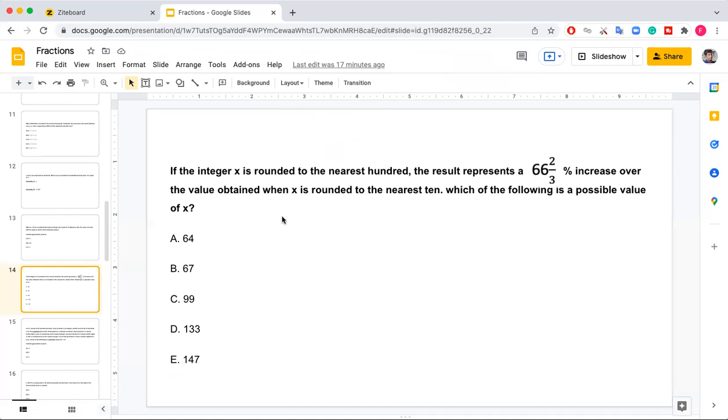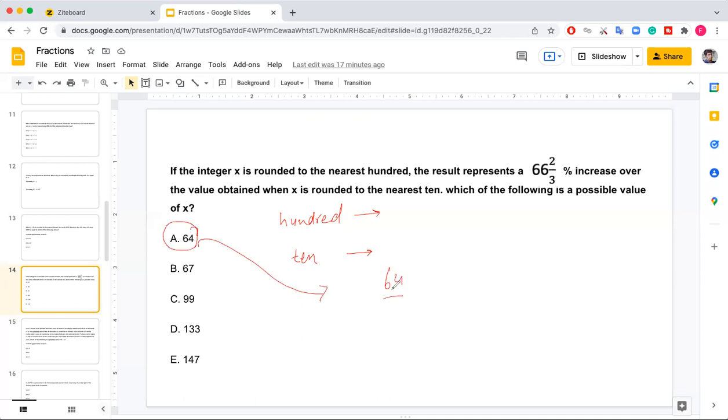Okay. So first of all, we are rounding to the nearest 100, and the next case is when we round to the nearest 10, right? If we start solving this in the algebraic way, that will take a lot of your time. So in this scenario, it is best to start with the options. For example, we have 64.